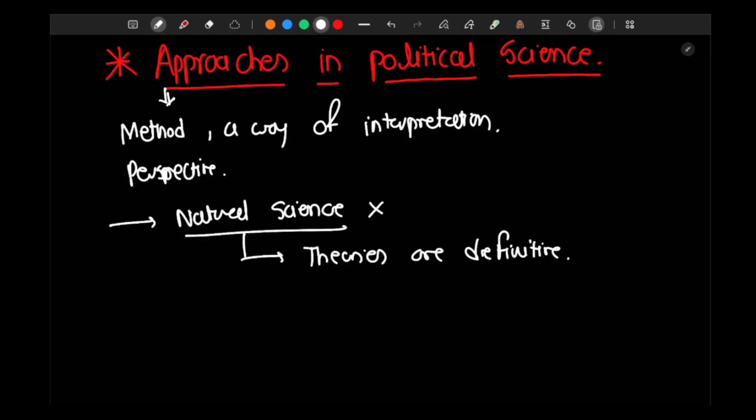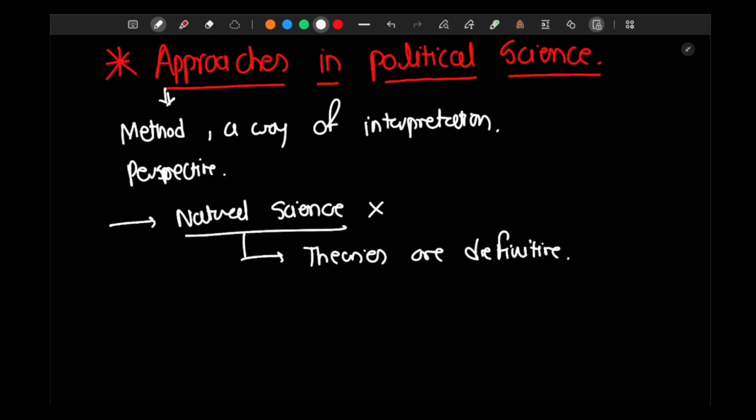But theories of physics like Newton's theory, relativity theory by Einstein, or the Big Bang theory, all these theories are definitive. So physics as a natural science has definitive theories.